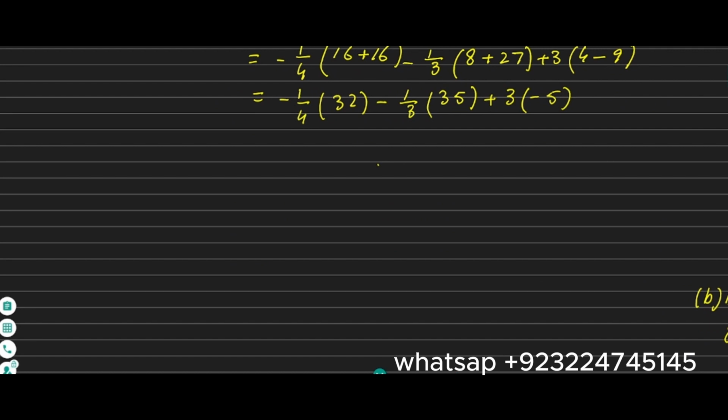By further simplifying, we get minus 8, minus 35 by 3, minus 50.